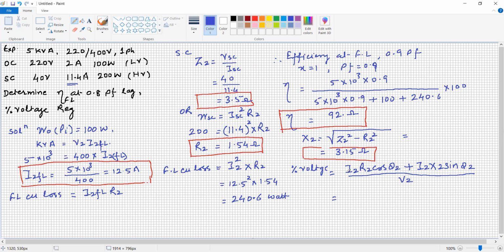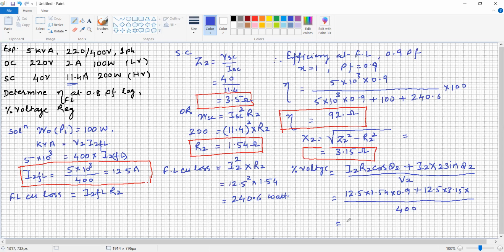I2 is the rated current, 12.5 ampere. So it is 12.5 into 1.54 multiplied by 0.9 plus 12.5 into 3.15 into the sine of that angle, divided by V2, which is 400.